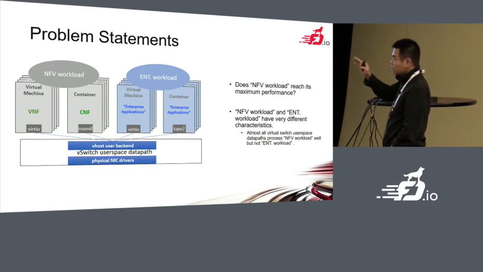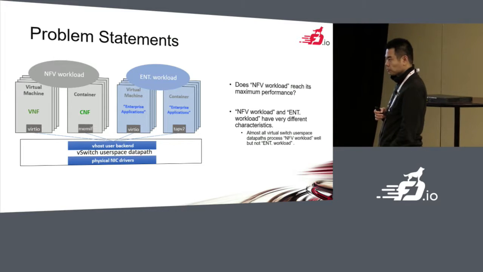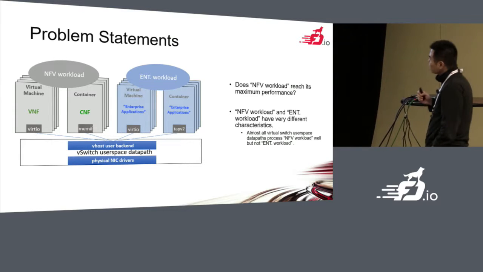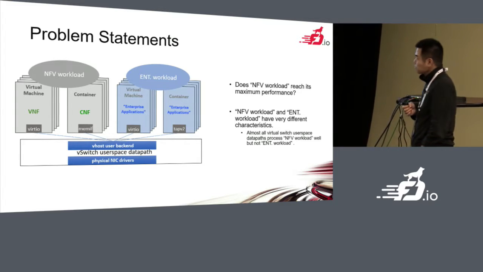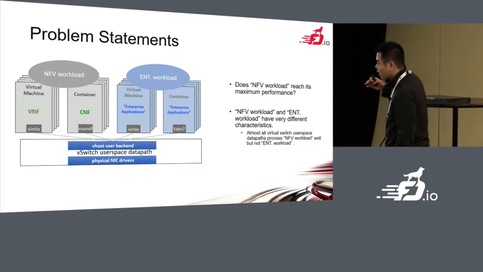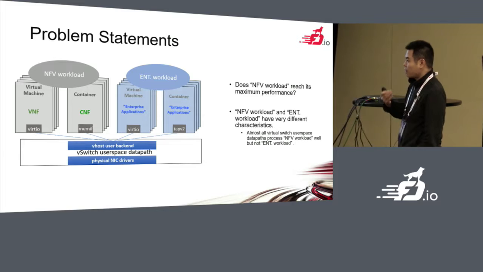We are talking a lot about the NFV workload, VNF or CNF, but we are not really talking about enterprise workload. So the first question is, can we really improve the NFV workload further? We will give our experiment data so you can see our answer.